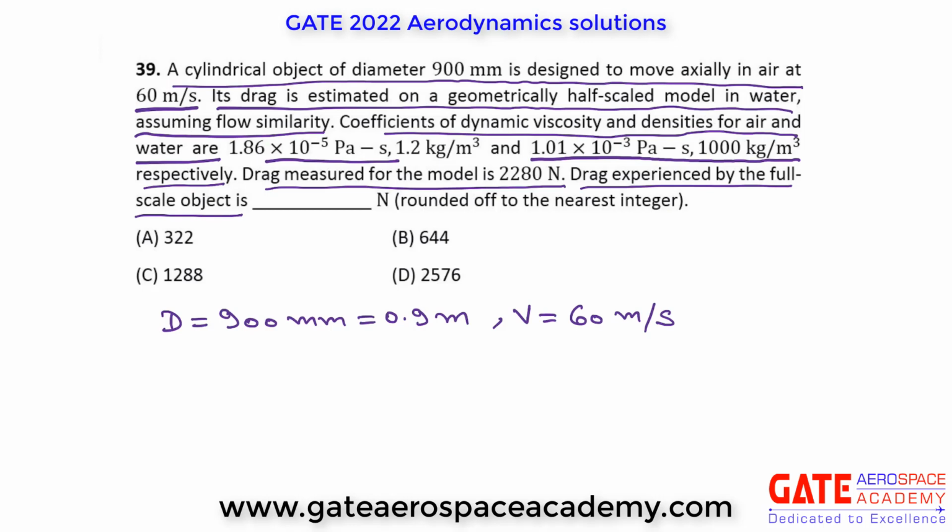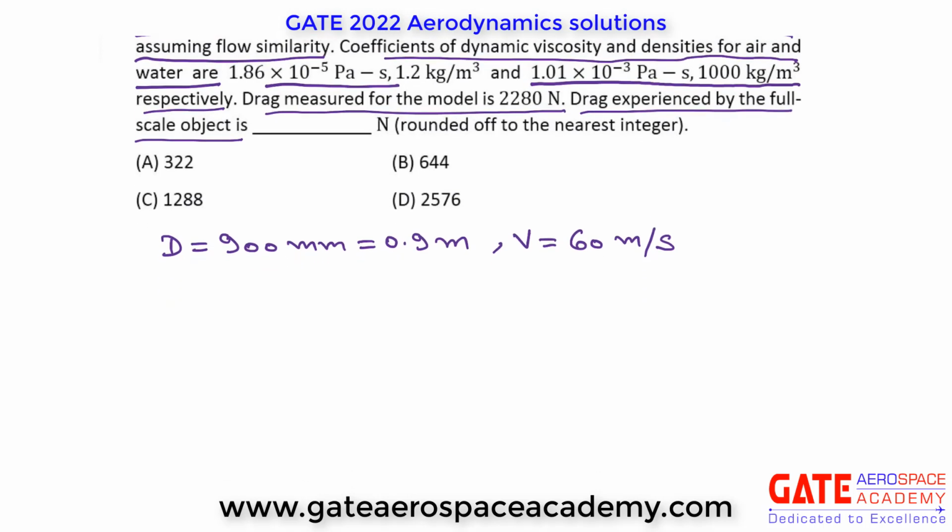So here viscous force is dominating, right? So for dynamic similarity, the Reynolds number should be the same. So the Reynolds number for the prototype in air should be equal to the Reynolds number for the model in water, correct?